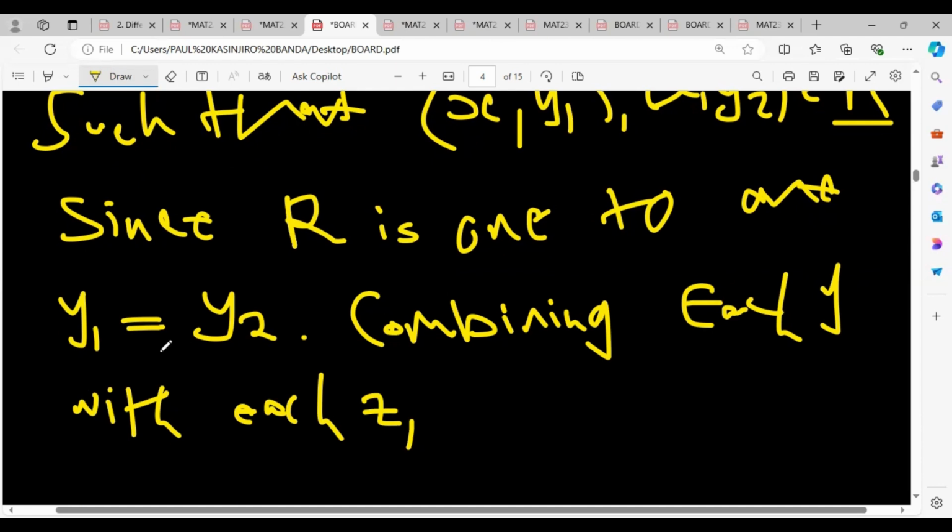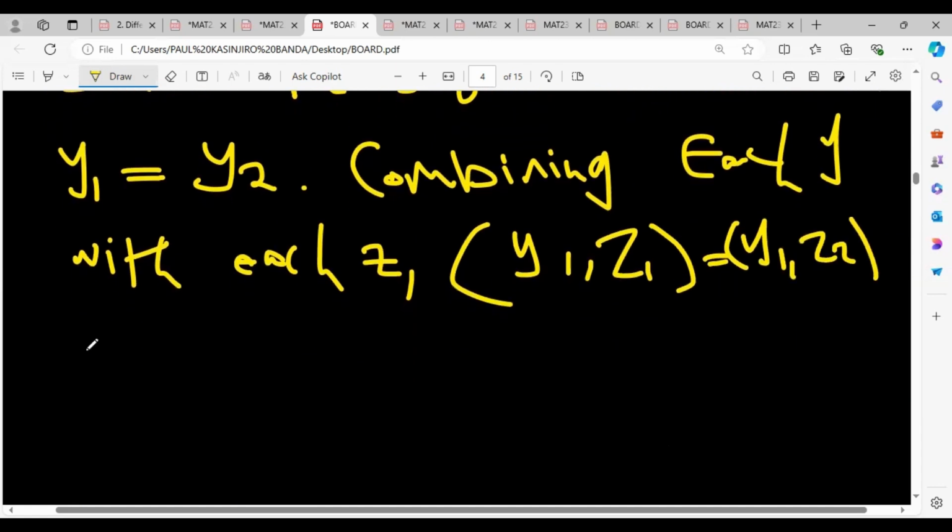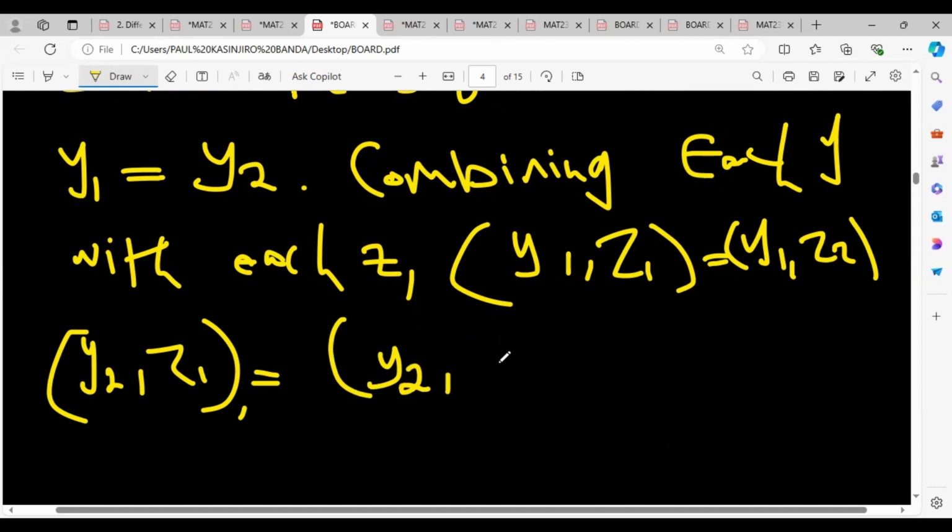If I combine my y1 with the z1, I'll have (y1, z1). This should be equal to, when I get my y1 again and combine it with my y2. And then we can also combine y2 with them. So we say (y2, z1) is actually equal to (y2, z2). So from this, we can see that this pair of coordinates is equal to that, and this pair of coordinates is equal to that.